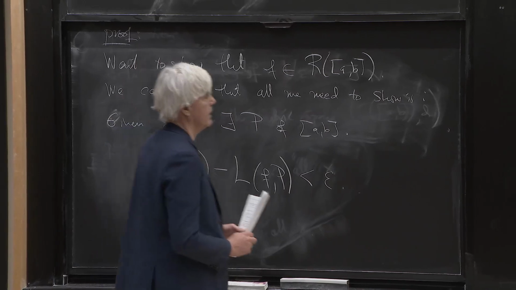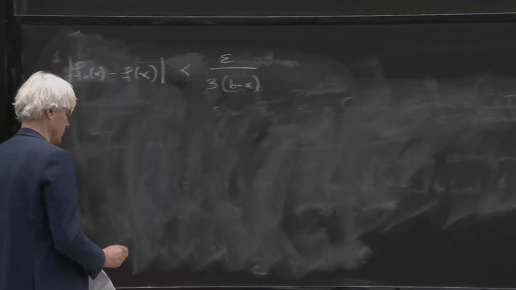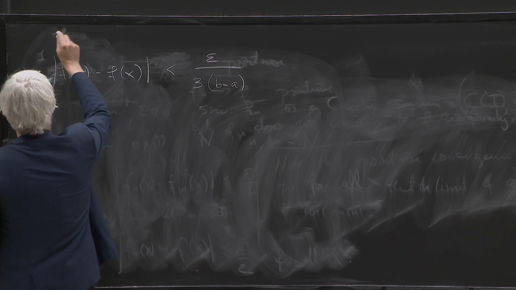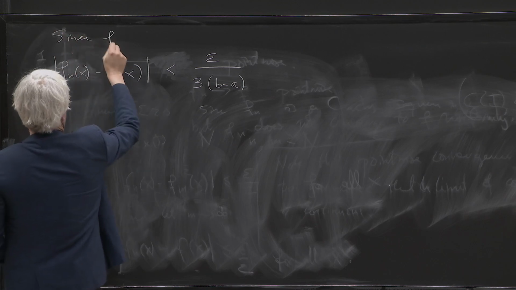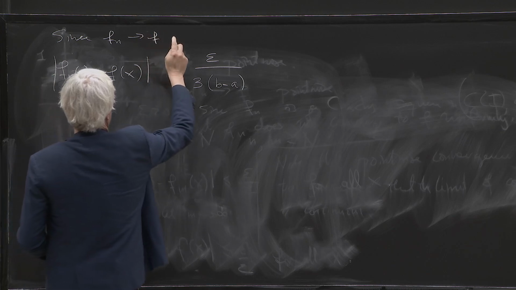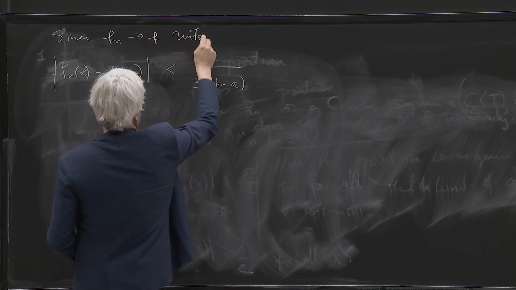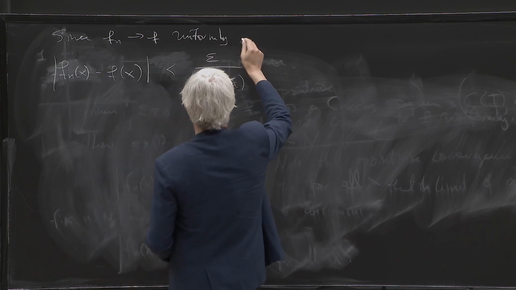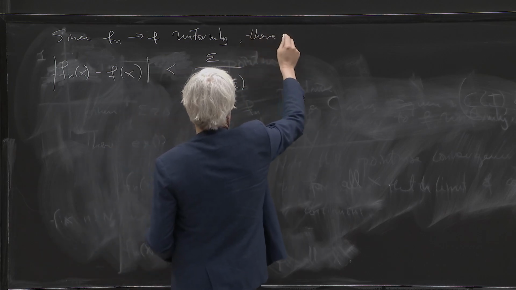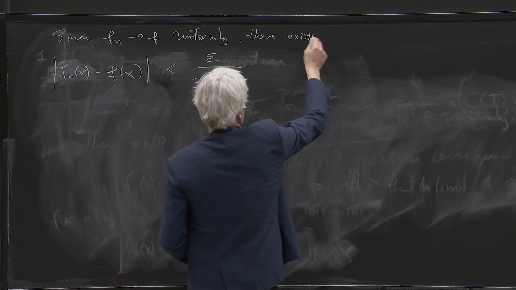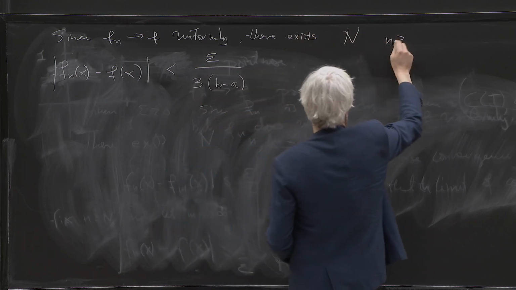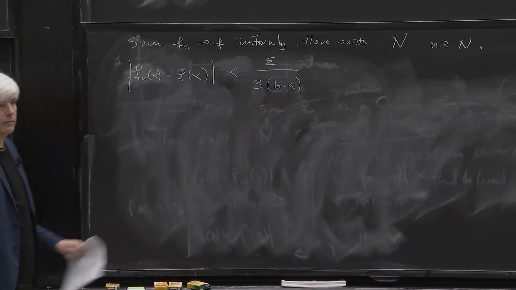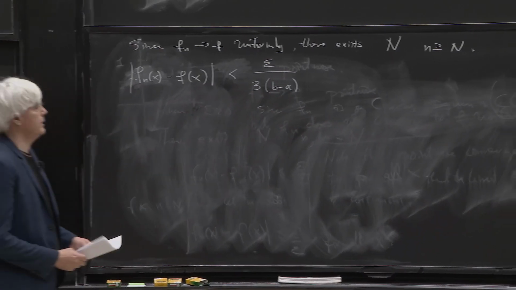So epsilon is given, so since fn converges to f uniformly, this means that there exists a capital N, so that if you're further out than capital N, then actually you have this thing here, right? b and a are fixed.